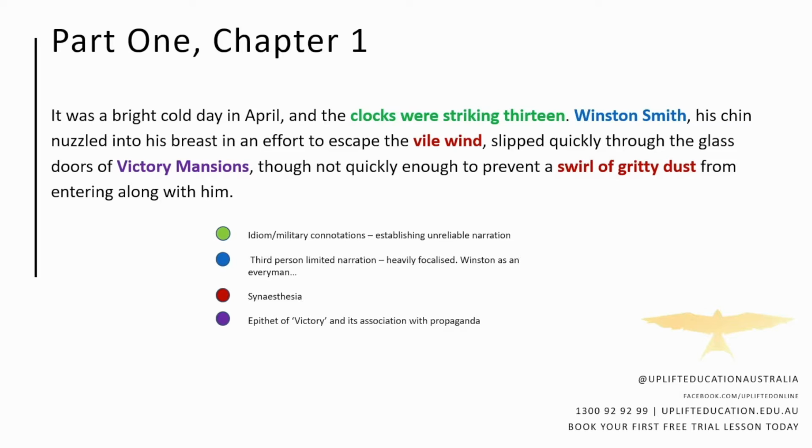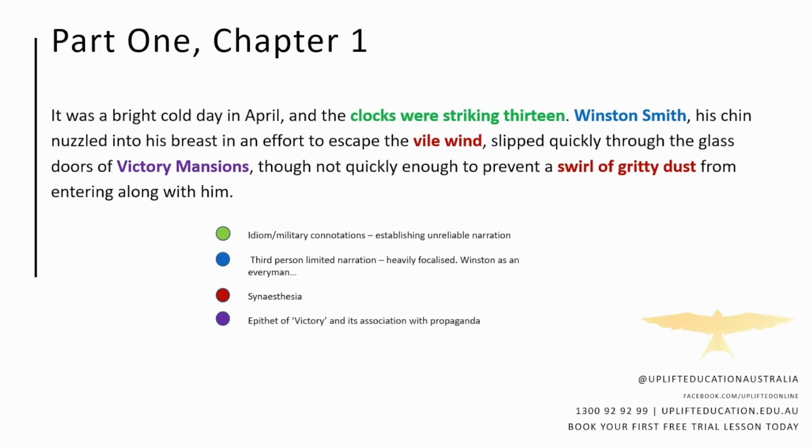So the 13th stroke of the clock innately implies something suspicious, paradoxical. The 13th stroke of the clock as an idiom refers to the need to question everything that has preceded that idea. So straight away, we're thrust into this world of unreliability, of suspicion, of paradox. And I think this is a really good opening line to set the tone for the rest of the narration of the text.